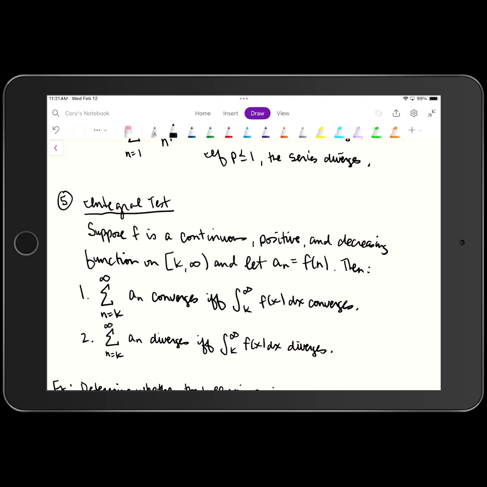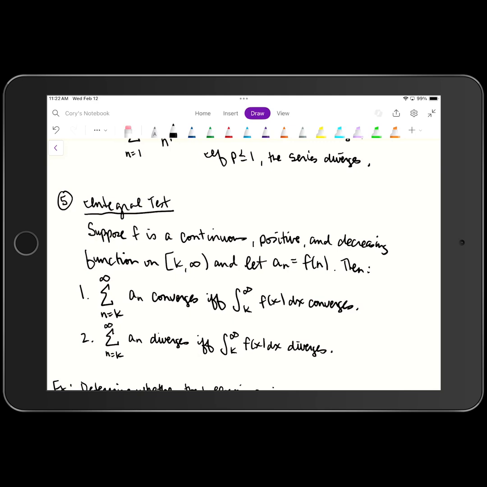Then the first part says that the sum from n equal to k to infinity of a sub n converges if and only if the integral from k to infinity of f of x, which we are integrating with respect to x, converges. With the upper limit of integration being infinite, we're going to have to use the limit definition for improper integrals to evaluate that integral.